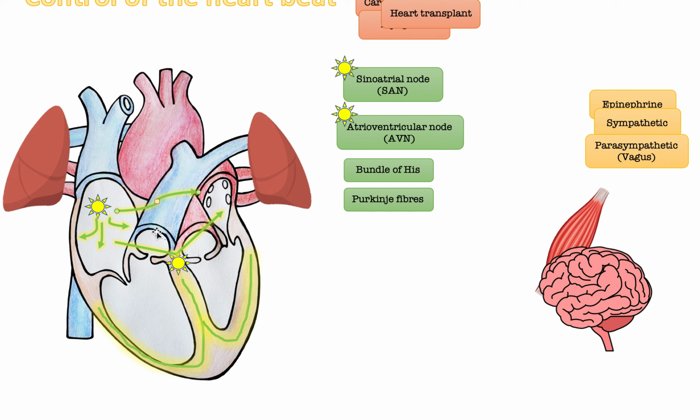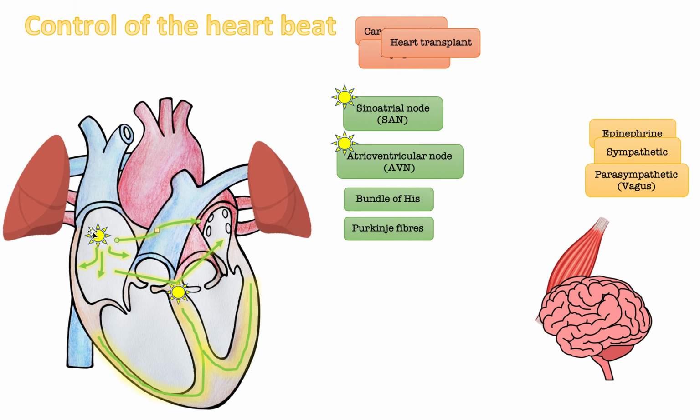That's the cool thing about the AV node. It slows it down, and this SA node allows the heart to be myogenic, right? It sends out these signals every second for the heart to contract, so that the brain doesn't do anything. It's the heart by itself.